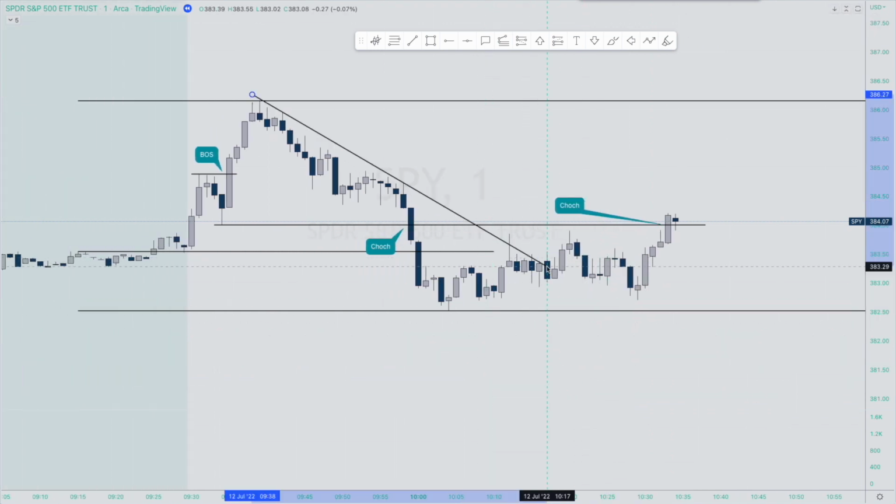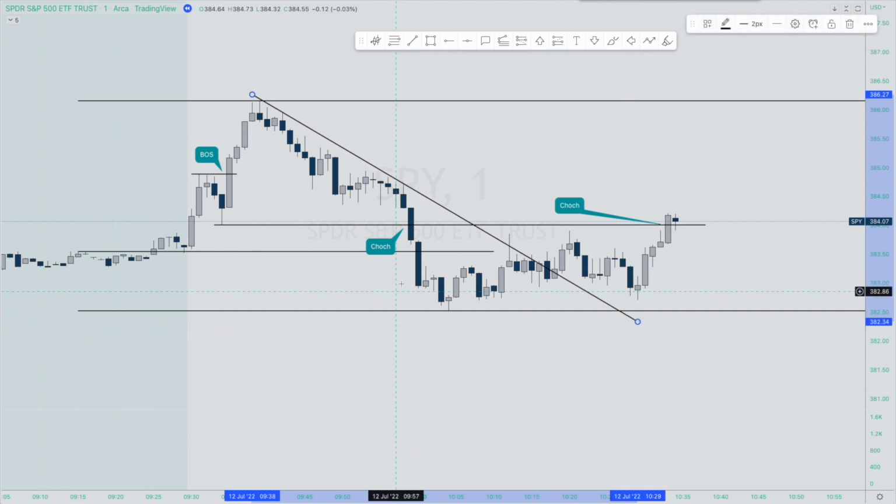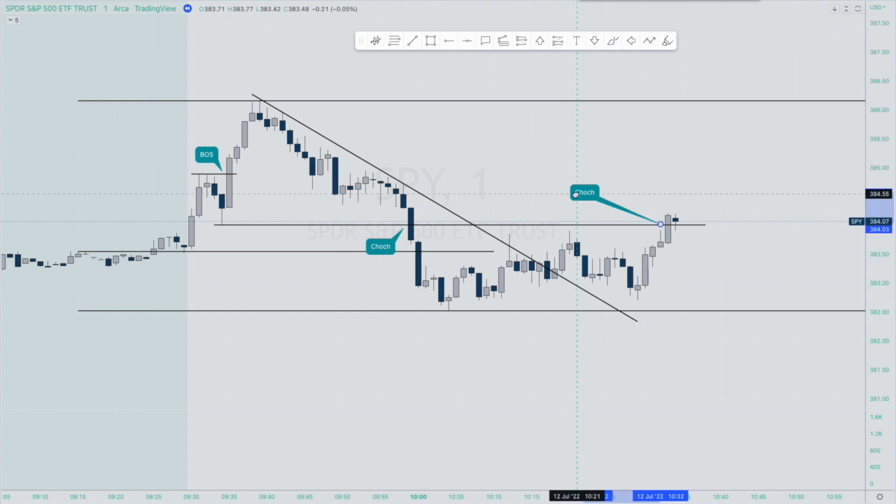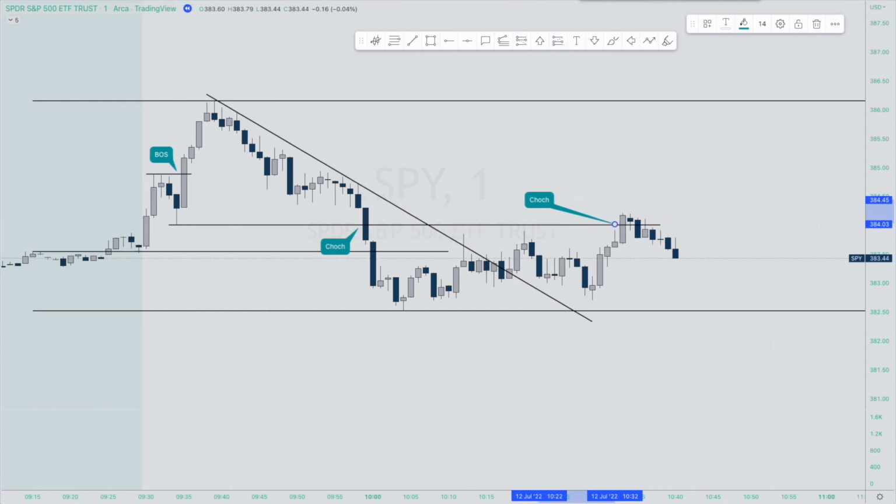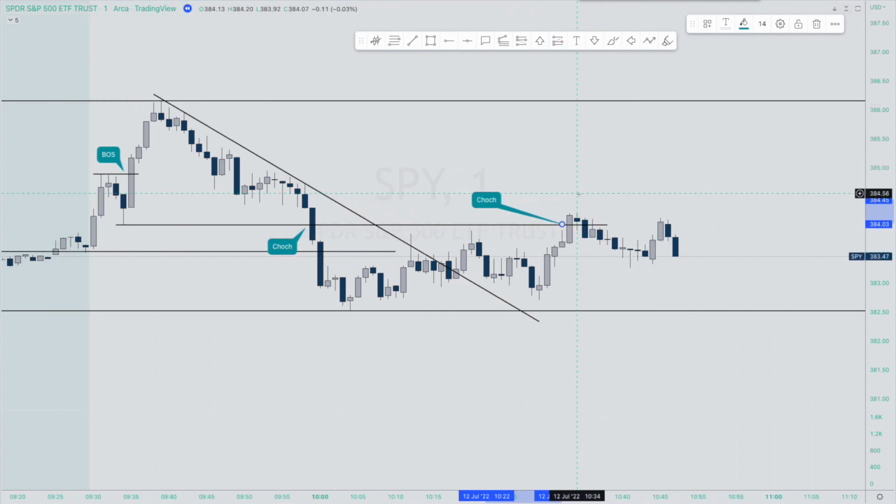So if you were trading this right here, you have your accumulation to an impulsive move, right? So here's our change of character. So now what we want to see is a pullback to a break of structure to give us a trend, correct? So if we keep going along, let's draw this high right here.